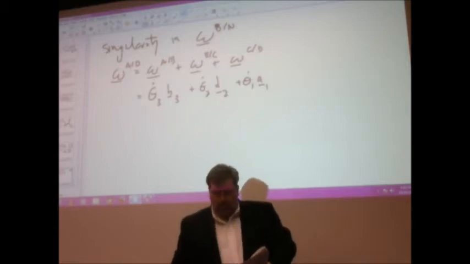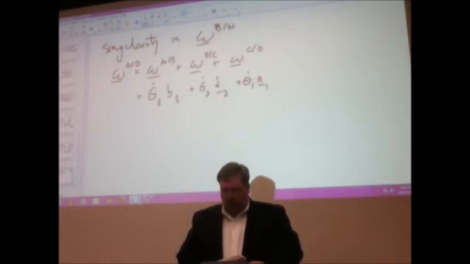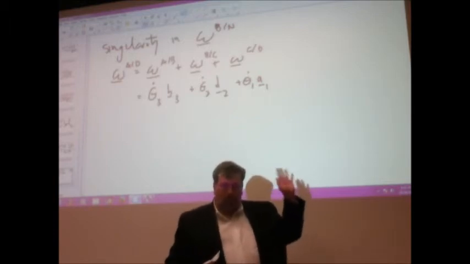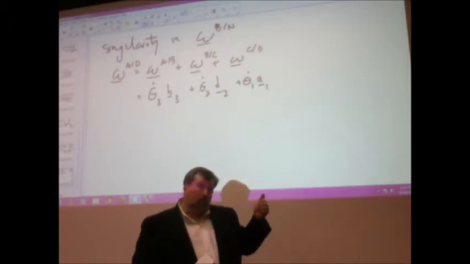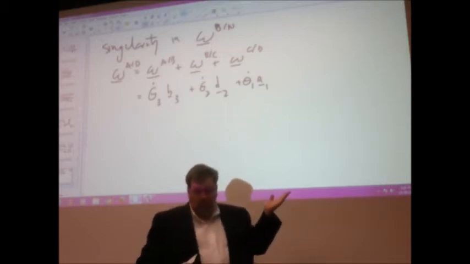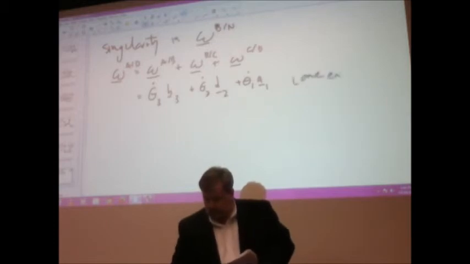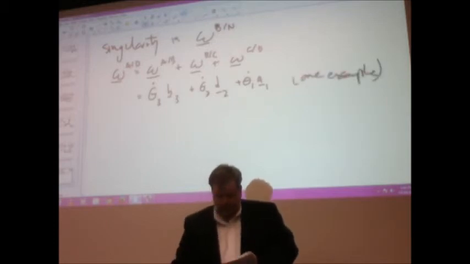And by the way, I could just replace B3 with A3 and so forth, because remember, the axis of rotation would be the same in the 2 different frames. So I could swap them out if that was more convenient for me. But this is just one example. All right.